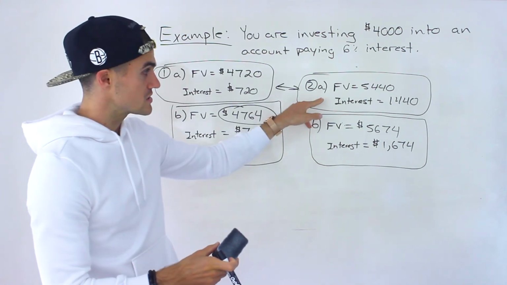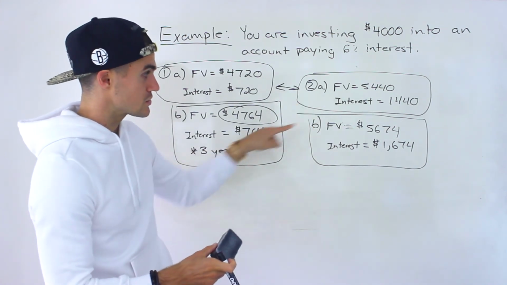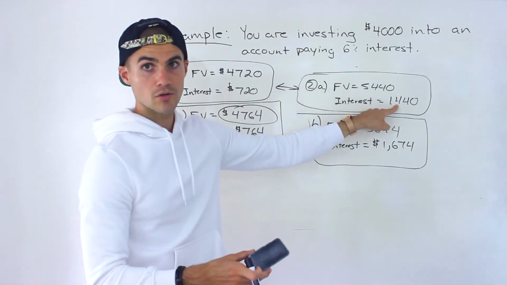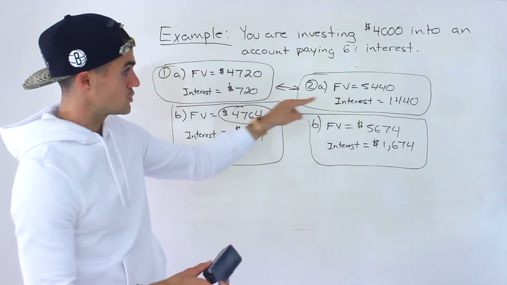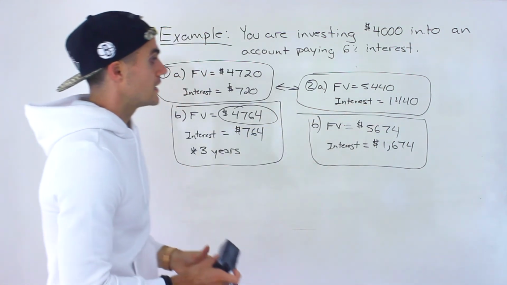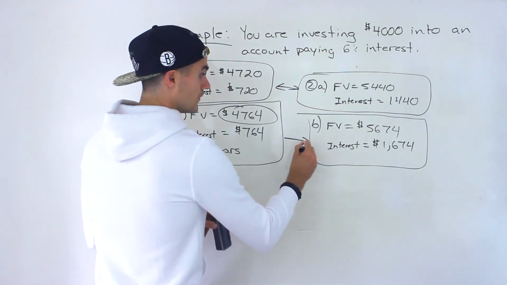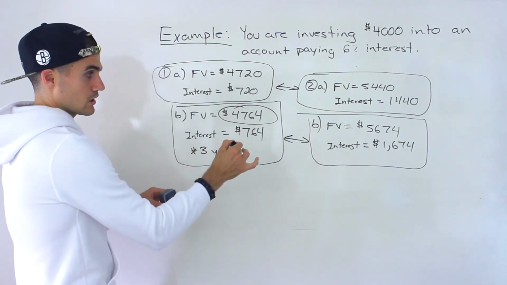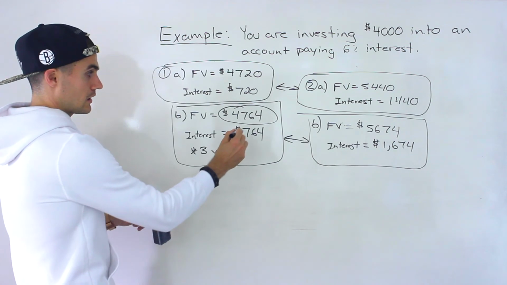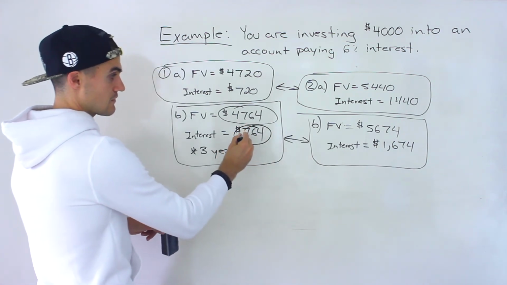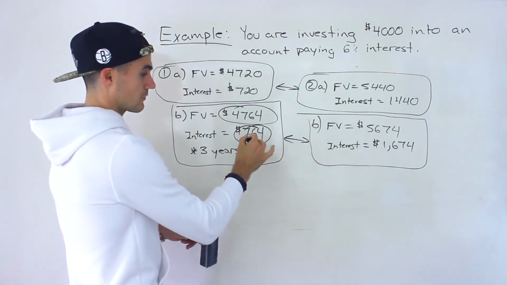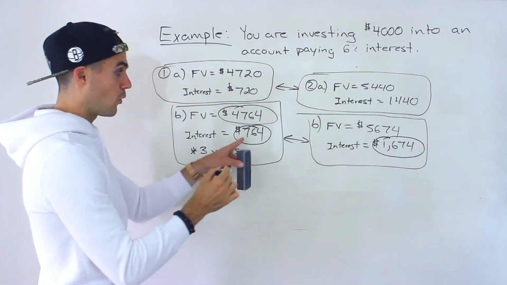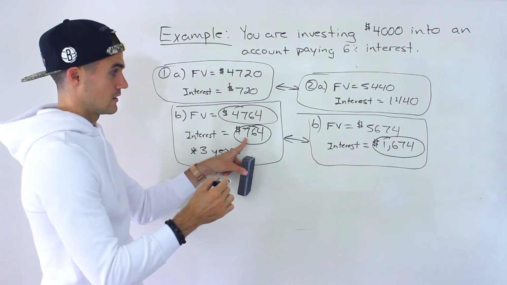So the time was doubled from 3 years to 6 years, and notice that the interest earned was also doubled. If we multiply this by 2, we would end up with this. But notice that here, that relation doesn't hold. Here, the interest we made was $764, and then this here was $1,674, more than double this.